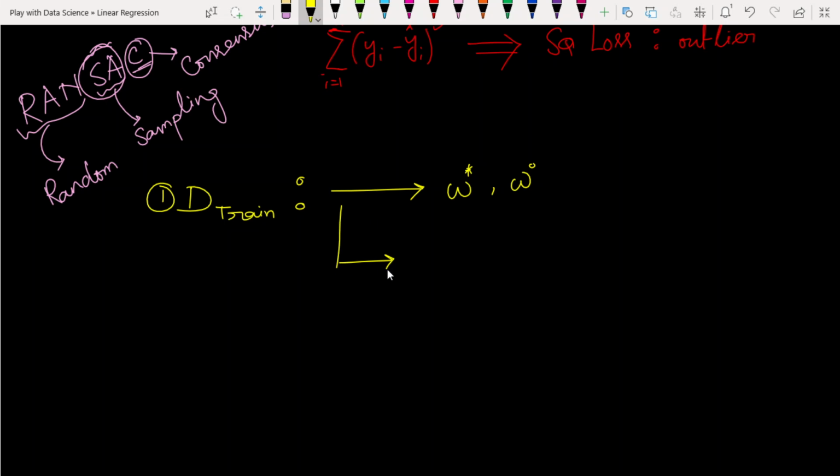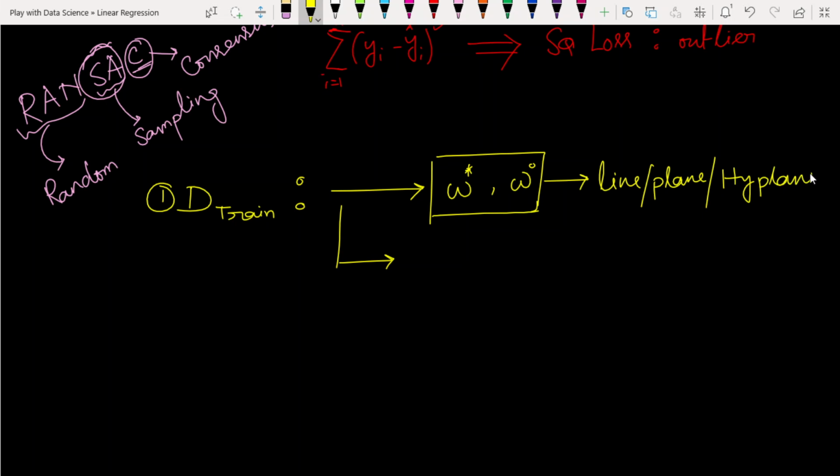Now in the next step, what do we find? Finding these weight vectors means we are finding a line, plane, or hyperplane, depending on our data sets.